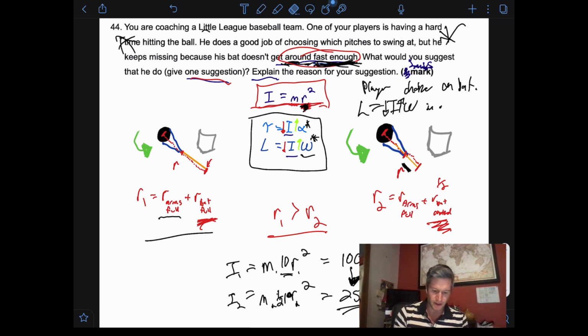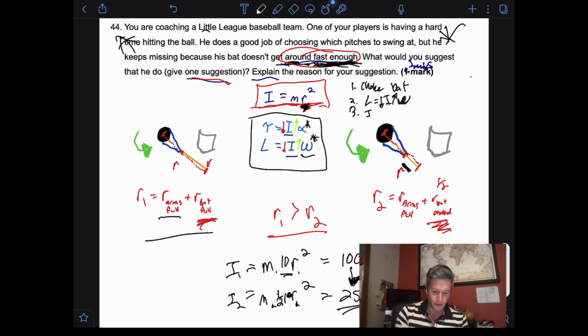I've run out of space, sorry, I'll just verbalize it. You say the player chokes up on the bat, so in point form, choke bat. Two, given the same angular momentum, you want to decrease I to increase angular velocity.